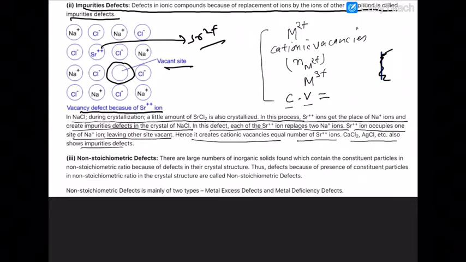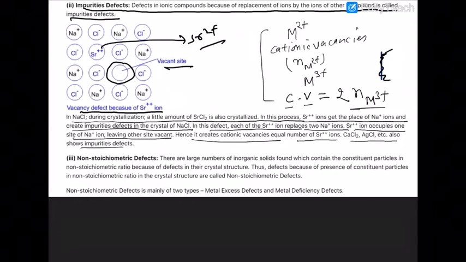Then cationic vacancies will be 2 times the number of M3+ ions added. So remember that the difference in the valency of the two cations is equal to the number of vacancies created per added ion. Are you getting that? Sure.